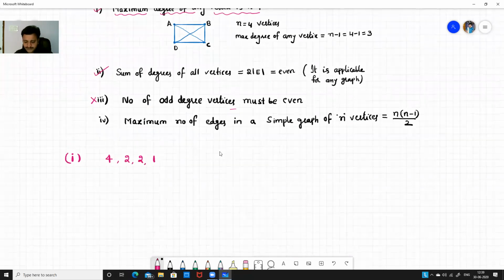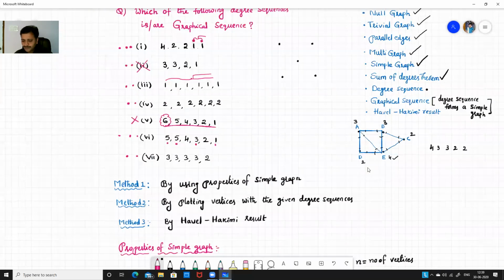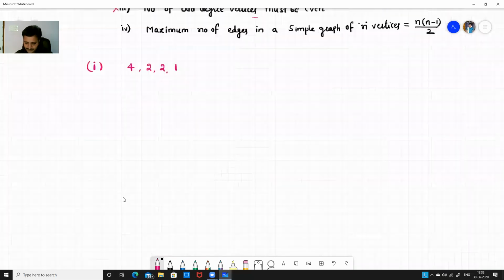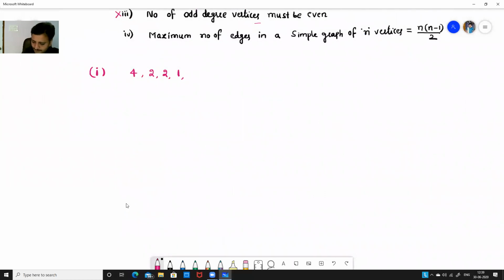I want to verify whether the sequence represents a simple graph or not. So we want to discuss whether it is representing a simple graph or not.